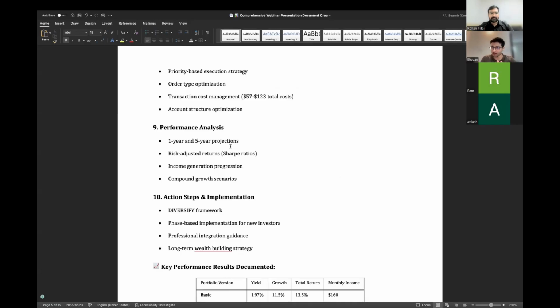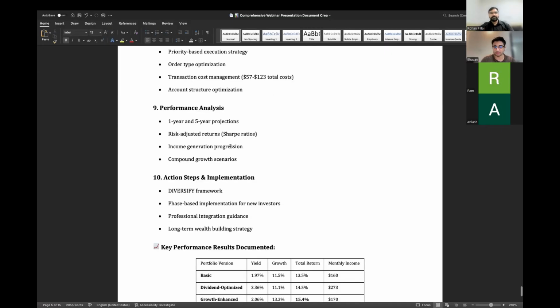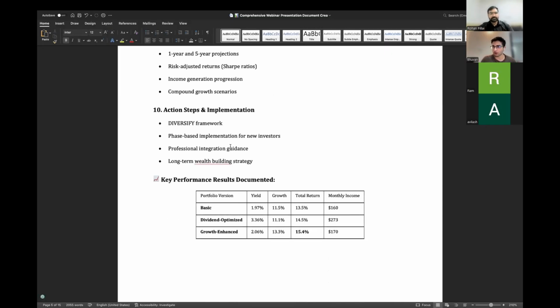But the framework is important. The main point of this segue was to give you an idea of how the framework should work for you, how it can benefit your goals, and how ETFs play a role in portfolio generation.